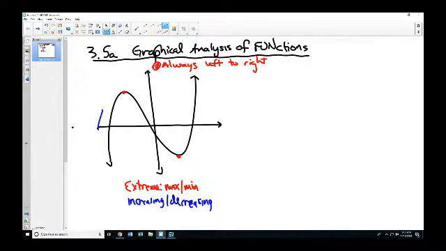Up, right, we're increasing. And then this would be, thus, you're going down, right? Decreasing, because we're going left to right. And then this right here would be increasing, correct? And you can write the abbreviated versions. I'm okay with that.